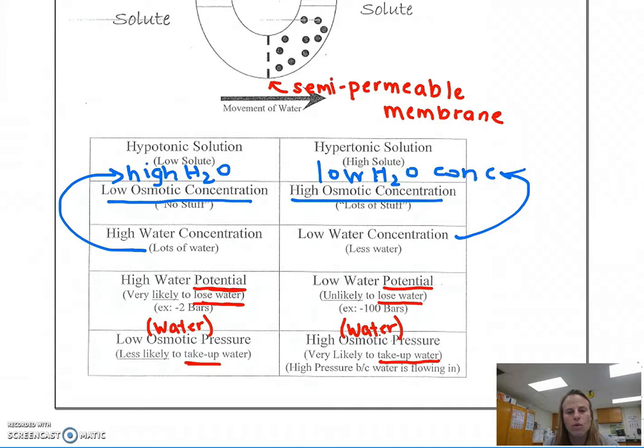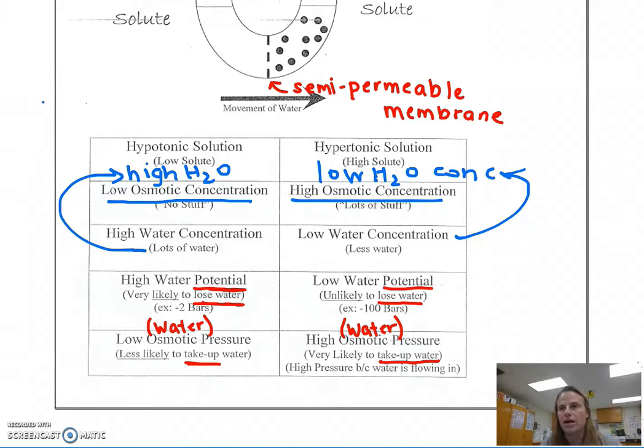Now, let's talk about water potential. When I'm talking about water potential, does my solution have the potential to lose water? Hypotonic solutions have a high likelihood of losing water, whereas hypertonic solutions have a low likelihood of losing water. Now, water potential is actually measurable.